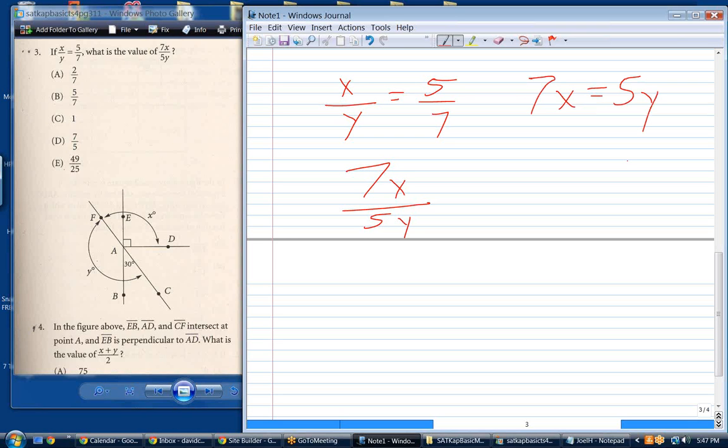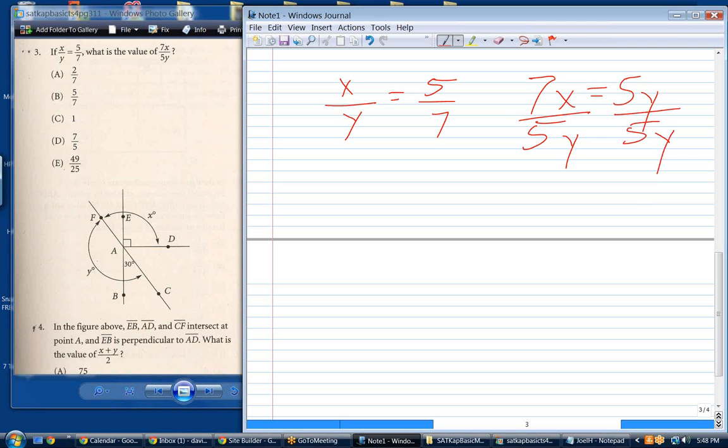So how do I get the value of 7x divided by 5y? Now if we want to know what 7x divided by 5y is, let's divide both sides by 5y. Now what's 7x divided by 5y equal to?